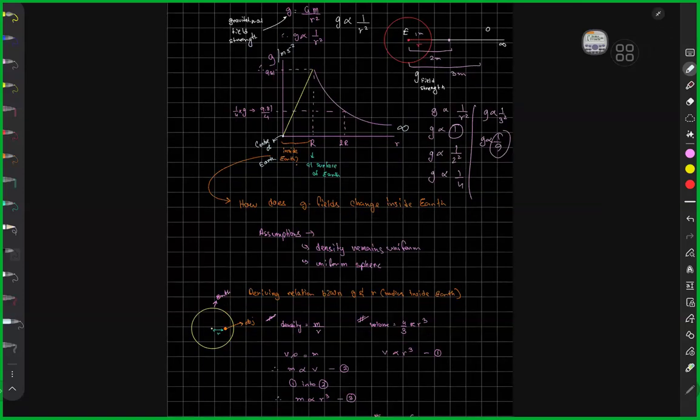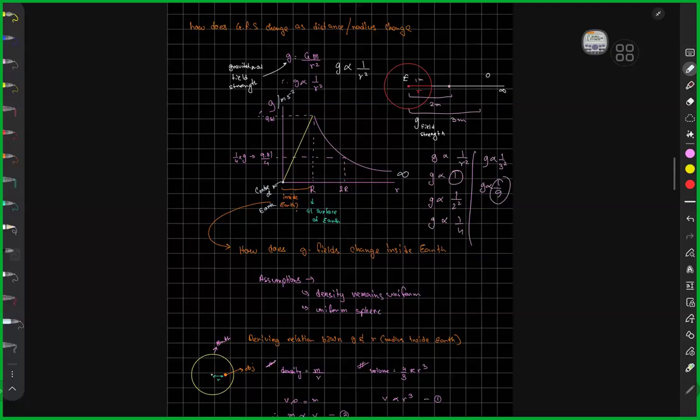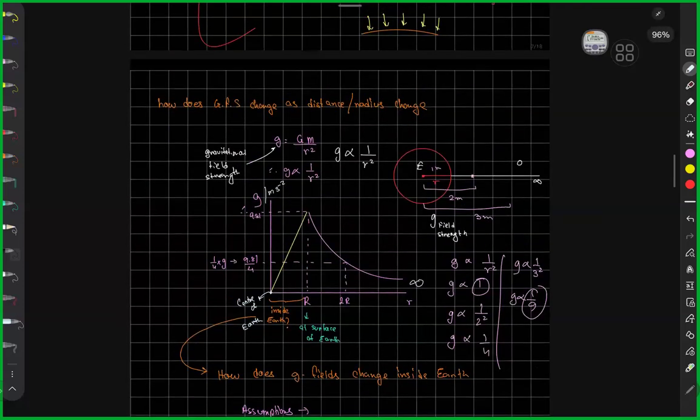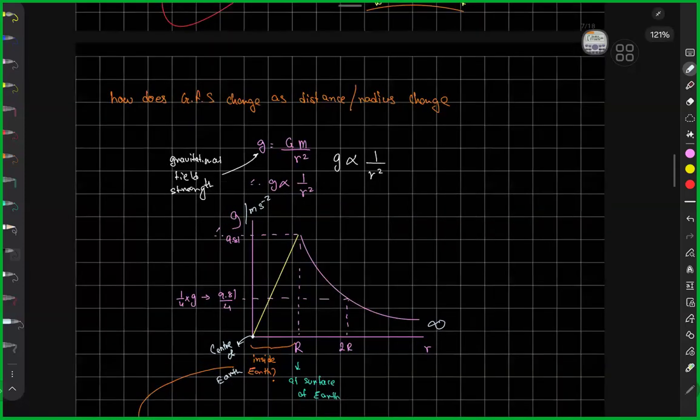So now this part where we're talking about inside the Earth, what happens? Well, qualitatively speaking, before I get into maths, with the maths I can instantly prove it to you guys. But qualitatively speaking, if you allow me to erase this, if you don't have a problem with screenshot or anything, I've erased it. Let's see what happens inside the Earth.